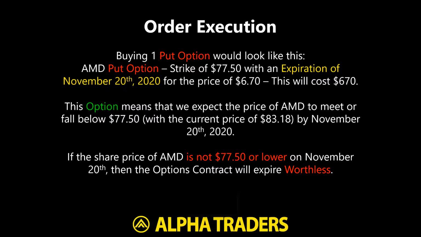If the share price of AMD is not $77.50 or lower on November 20th, then the option will expire worthless. Again, this is assuming that you think the direction is going down. That will cost you $670. If you are wrong, it will expire worthless.